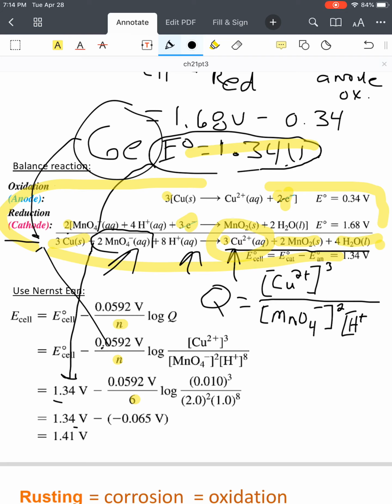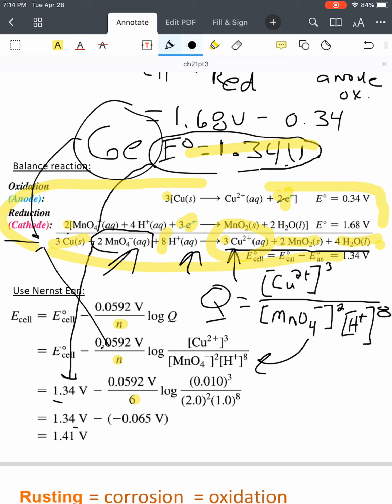So I need to write a term for H+. And it looks like, boy, I need to raise that one to the 8th power. That's a little unusual, but that's what I need to do by virtue of that 8, don't I? But with that said, I've finished writing my Q expression, my reaction quotient.